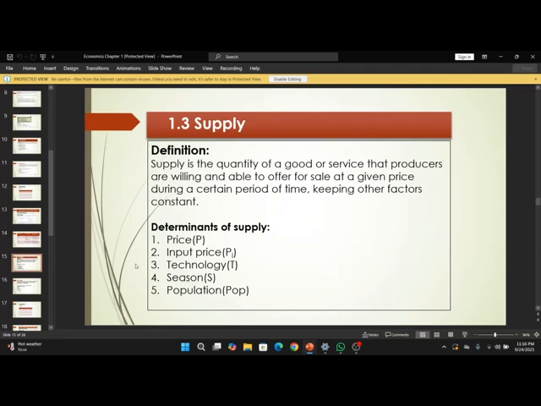Supply. Supply is defined as the quantity of a good or service that producers are willing and able to offer for sale at a given price during a certain period of time, keeping other factors constant.